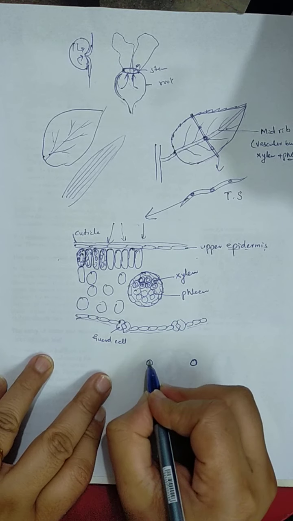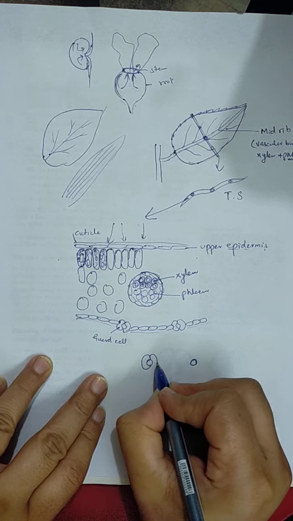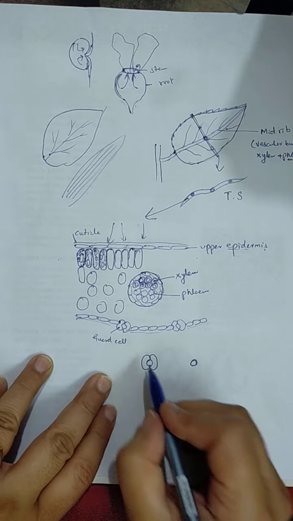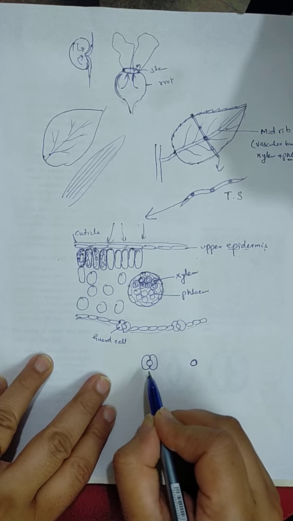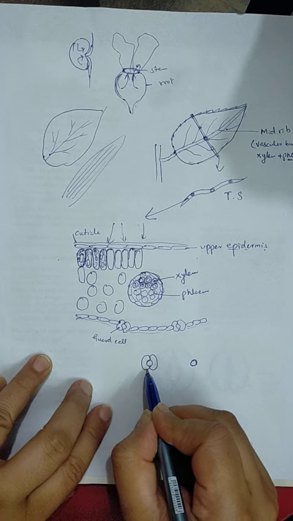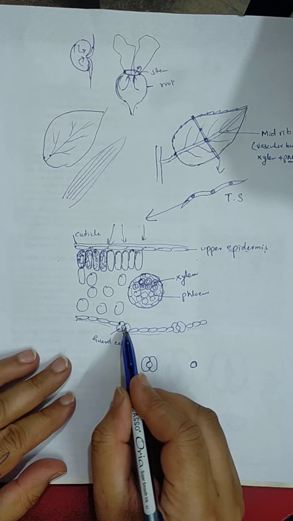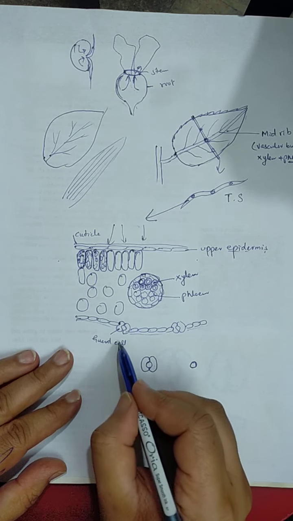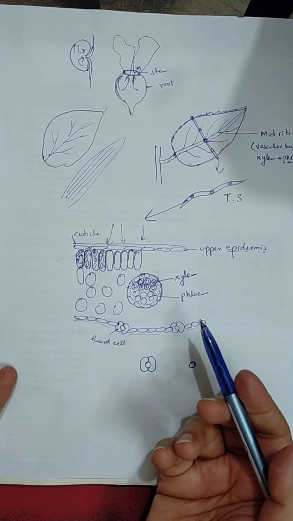This stoma is guarded by bean shaped cells called guard cells, and these guard cells regulate the opening and closing of stomata. These are for the diffusion of carbon dioxide and removal of oxygen, or basically for the diffusion of gases in the leaf.